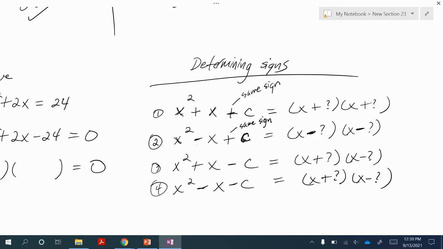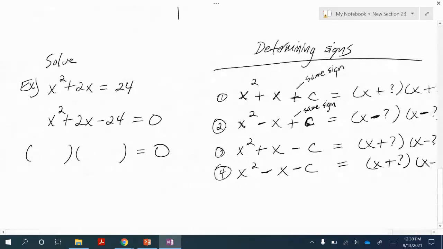So how would that help in solving quadratic equations? Well, look at the following setup. We have x squared plus 2x minus 24. So I'm automatically going to place an x in the front of both sets of my parentheses. Since my last term is negative, that means one of my numbers has to be positive and the other number has to be negative.